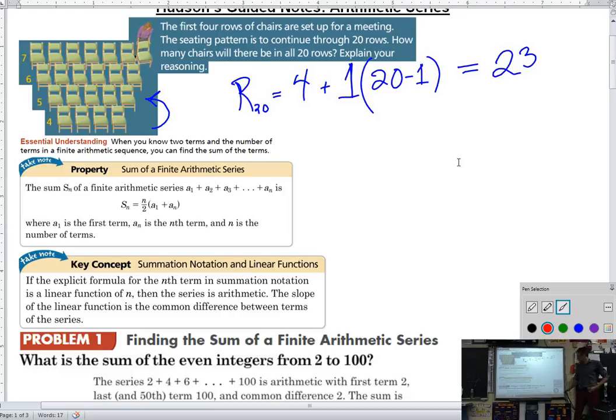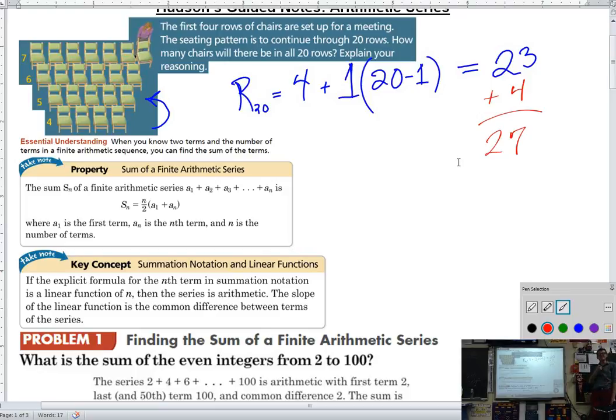It gets into the theory behind math, which is hard, because the tangible, let's do math, is easier than the theory of how we derive it and approach these problems. So if I take the first row and the last row, those together would be 27 chairs.